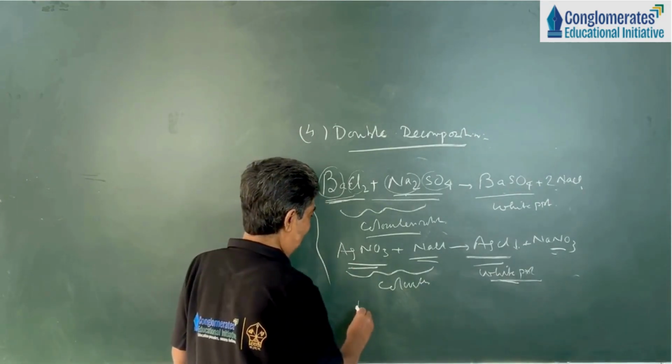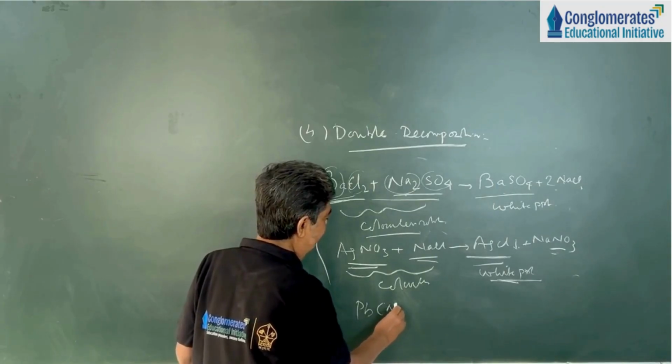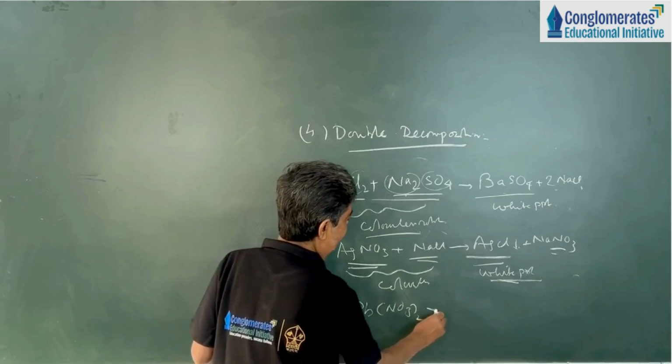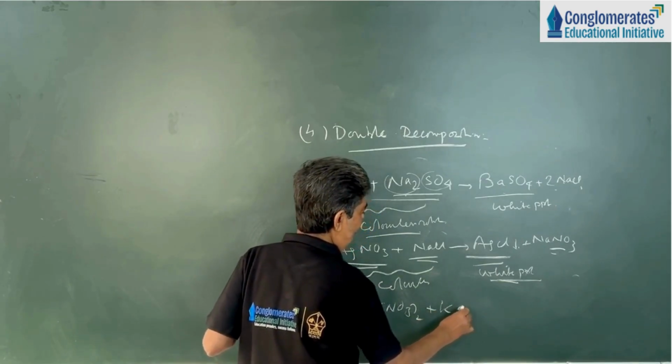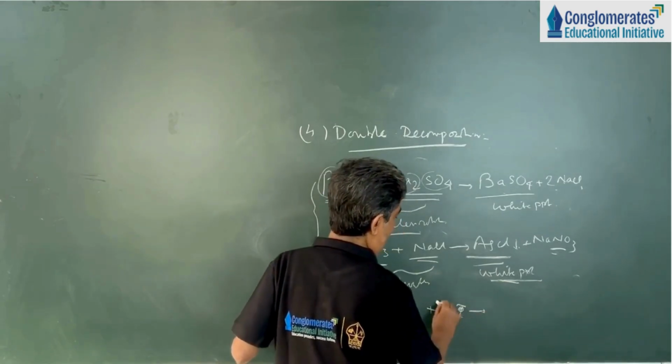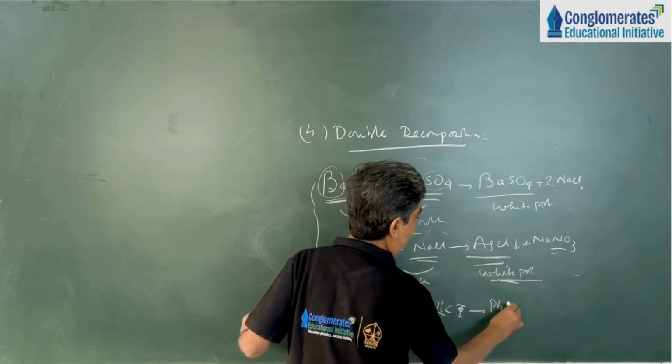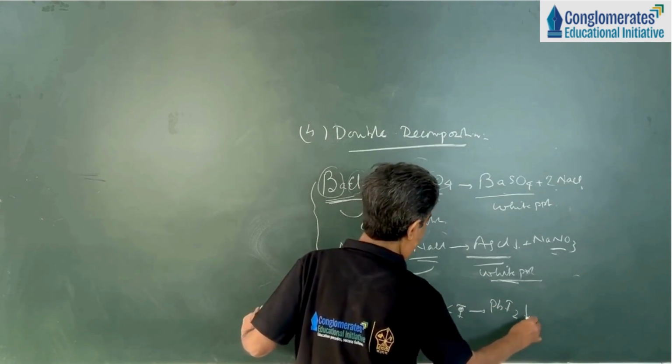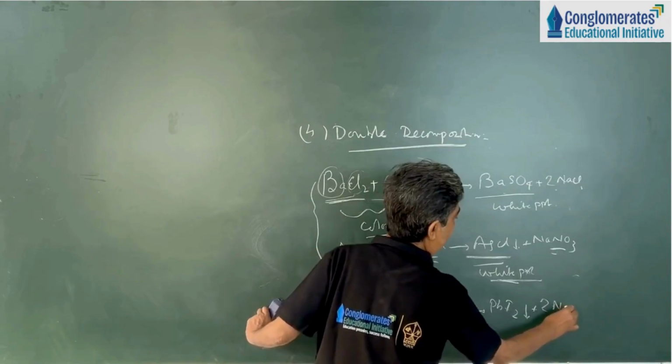Similarly, one more example, it will be incomplete if I don't tell you. Lead nitrate plus KI, we get PbI2 plus twice NaNO3.